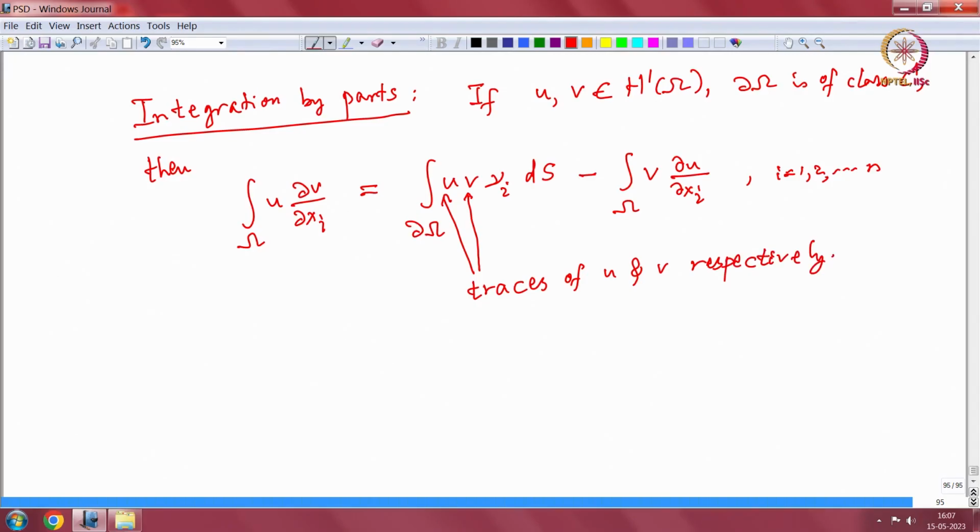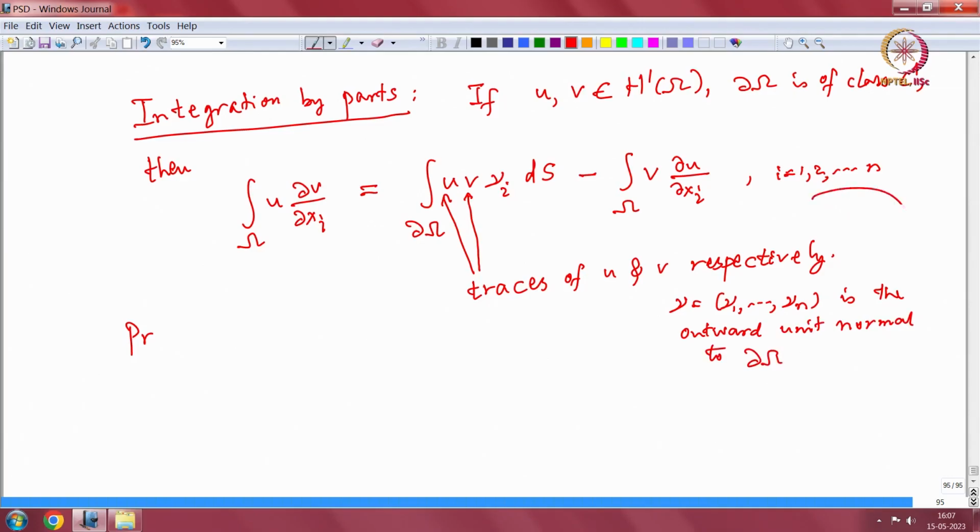For the proof: nu, equal to nu 1 to nu n, is the outward unit normal to the boundary.